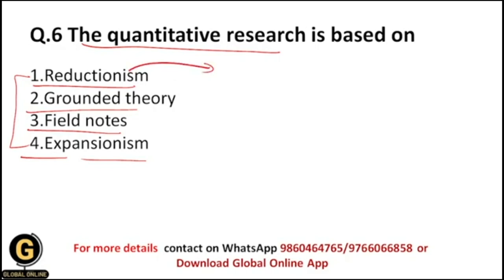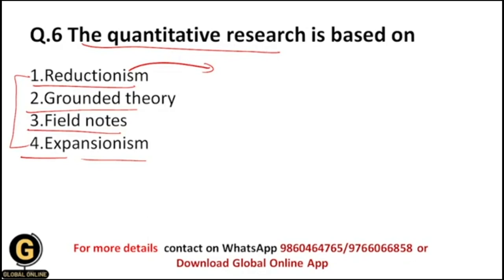Reductionism is a philosophical approach that seeks to explain complex phenomena by reducing them to their smaller, more fundamental parts. It involves breaking down a complex system or concept into its constituent elements or components, with the belief that understanding these smaller parts will allow for greater understanding of the whole.